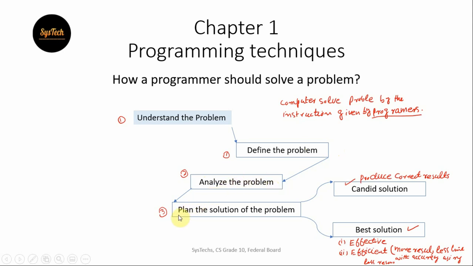After the analysis, you will plan the solution, and you will come with more than one solution. These are called candidate solutions. And finally, you will go for the best solution, and the best solution is one that is effective and efficient. And efficient means more results with fewer resources in less time.